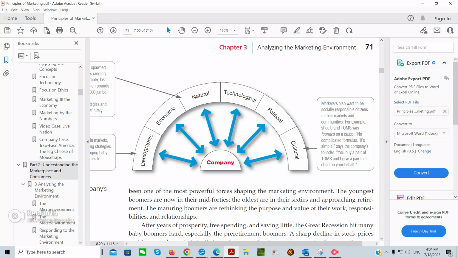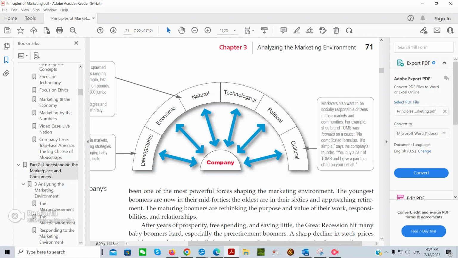The youngest baby boomers are now in their mid 40s. The oldest ones are in their 60s, approaching retirement. Now, this is as of 2012. If you just add 11 years to it.